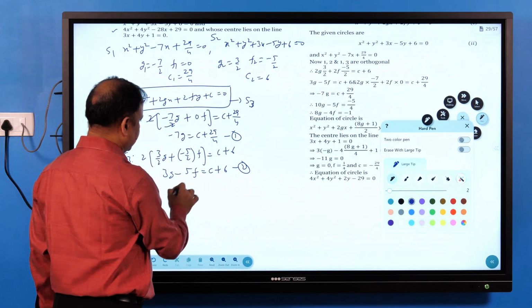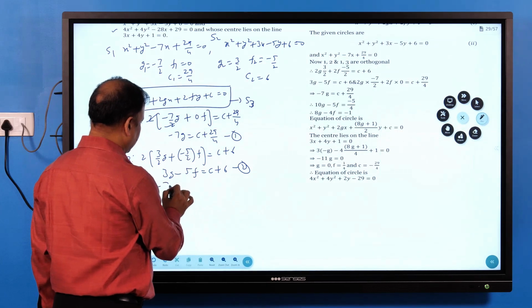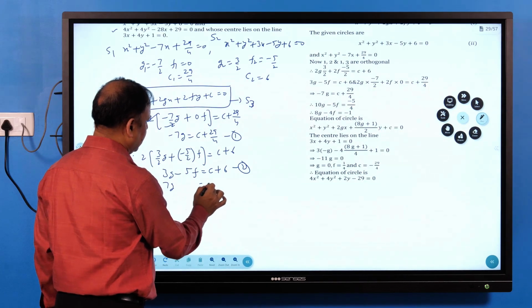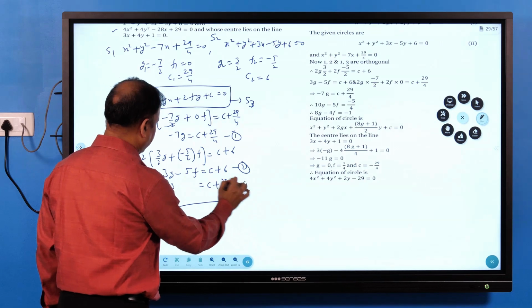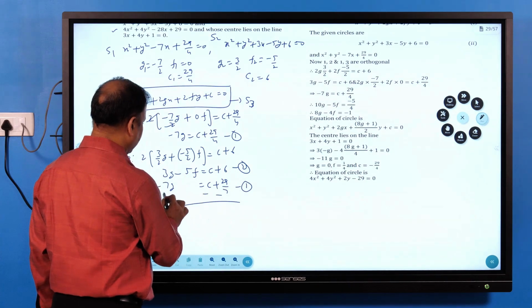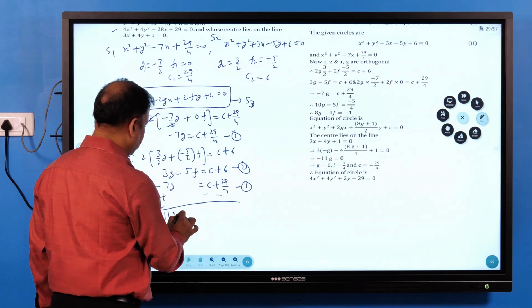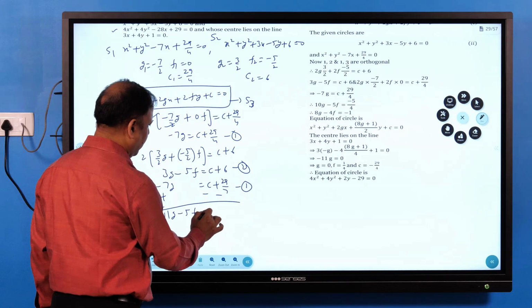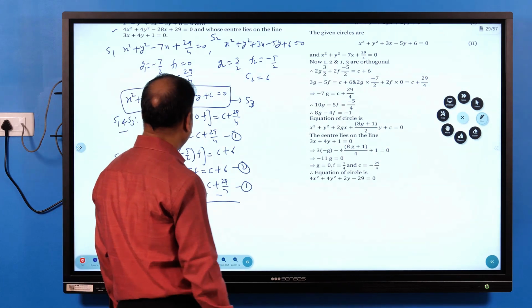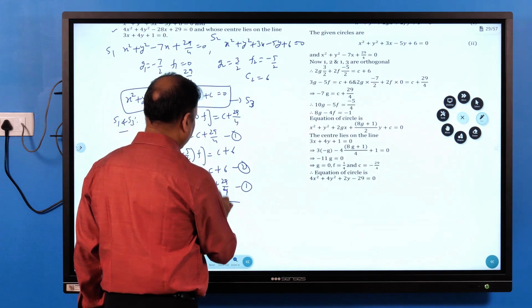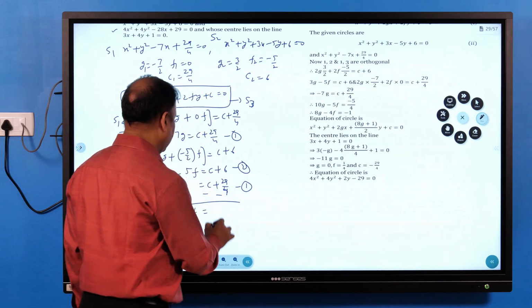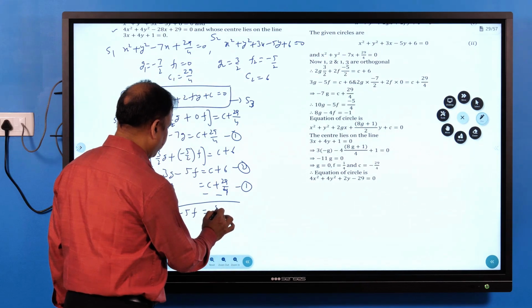So if I subtract this equation, minus 7g is equal to c plus 29 upon 4, this is equation number 1. Subtract. Minus plus. So 11g minus 5f is equal to 6 minus 29 upon 4. So this is 24 minus 29, that is minus 5 upon 4.